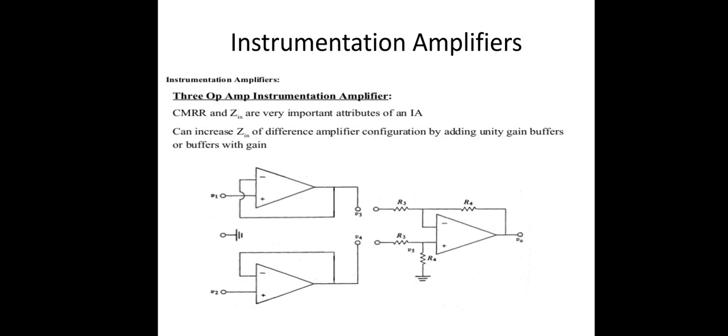Then these op-amp inputs carry no current, so a single current I flows through these circuits. Then this shows the diagram of the instrumentation amplifier. Input voltage is applied.